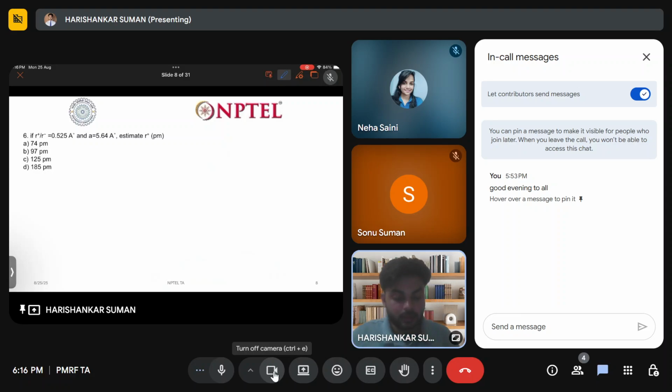If the radius ratio of R plus and R minus is given as 0.525, and a is given, you have to find out R plus. Please try to solve this question.